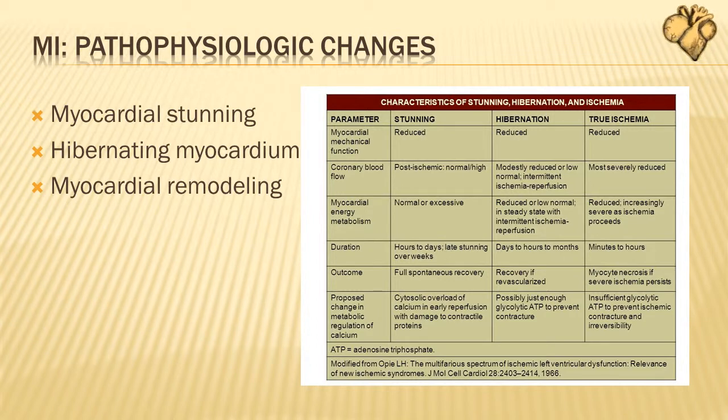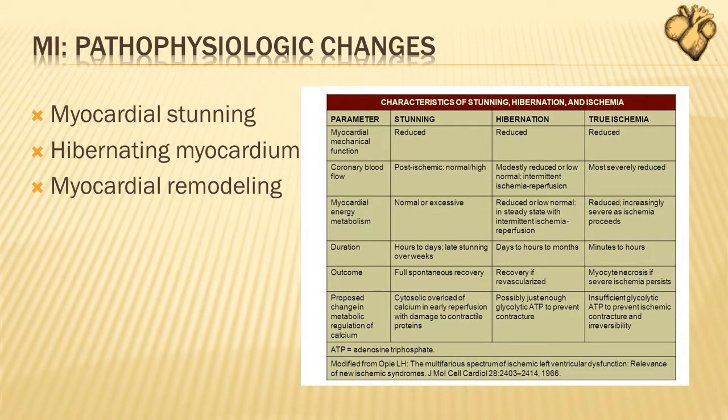Hibernating myocardium is where the myocardial tissue exhibits abnormal contractility as a result of chronic ischemia. It's kind of like hibernated out, and it's adapted metabolically to allow for myocyte survival until the tissues can be reperfused.